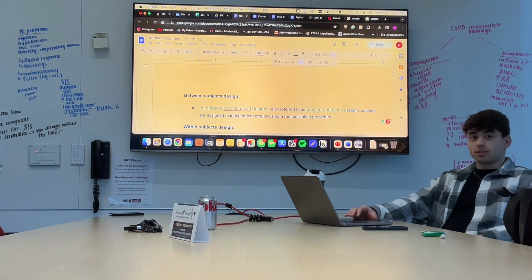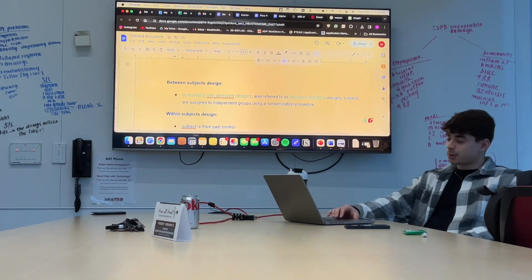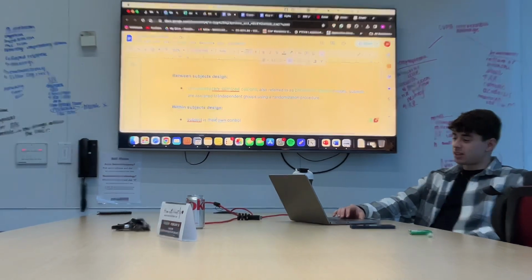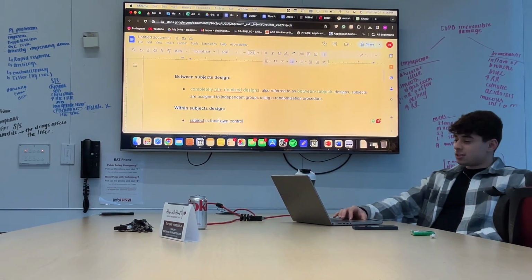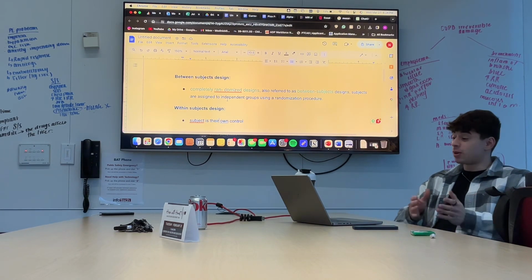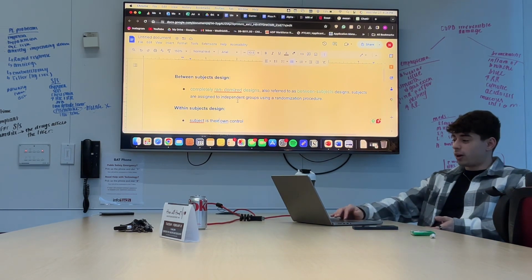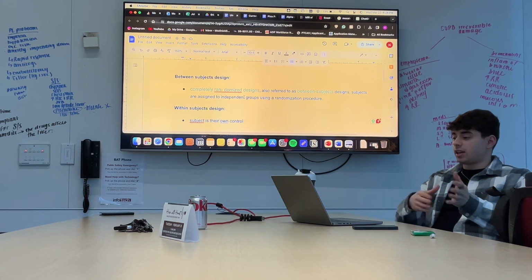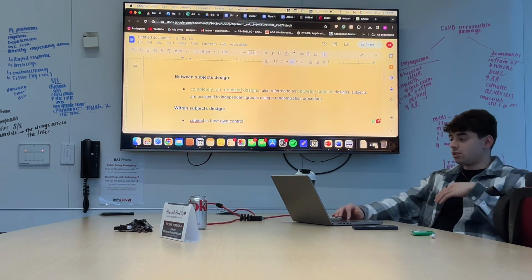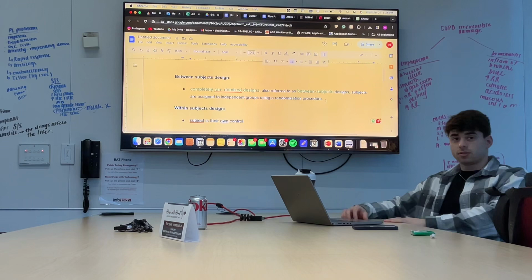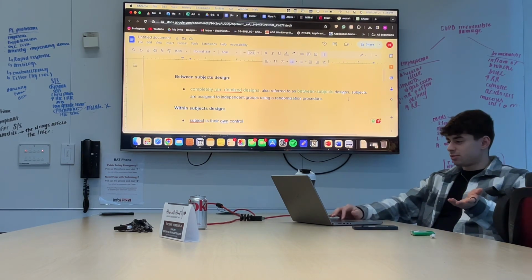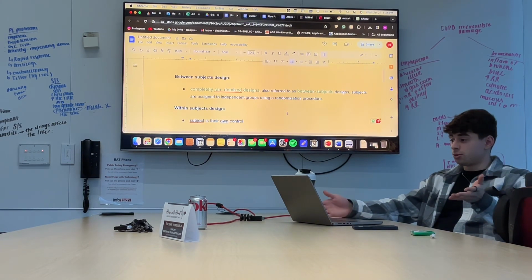Besides those first two words that we should have known already, we're going to talk about between subject design and within subject design. So, between subject design is basically your standard randomized control trial, where people are distributed into different groups randomly. So subjects are assigned to independent groups using randomized procedure.